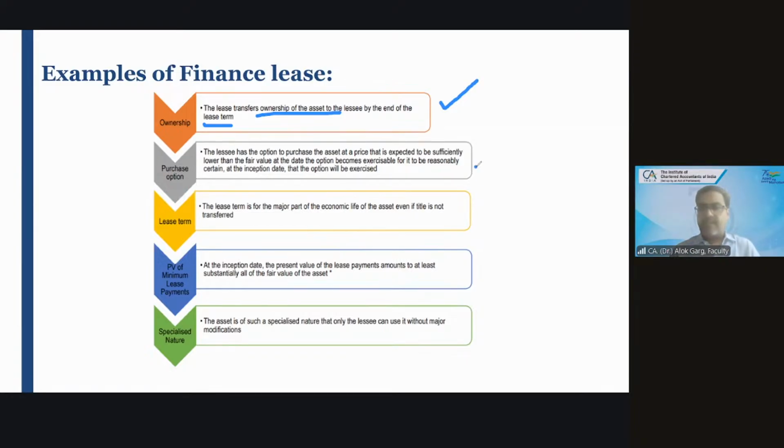Number 2, there is a purchase option and the purchase price, the exercise price, is at a nominal value, right?